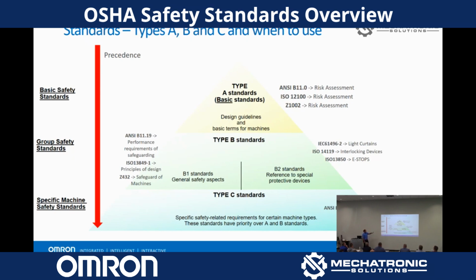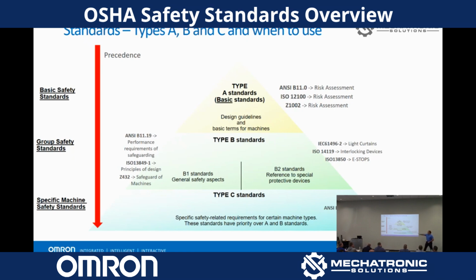And then there's type C. Type C is specific to the equipment that you are assessing, designing for, or operating. So if we're working on a hydraulic press, a turret lathe, or a surface grinder, we should always figure out whether there's a C standard that applies to that specific piece of machinery. If there is, go there first.